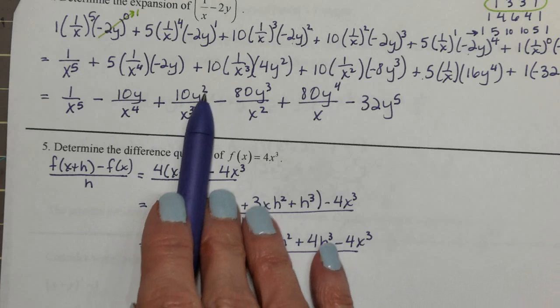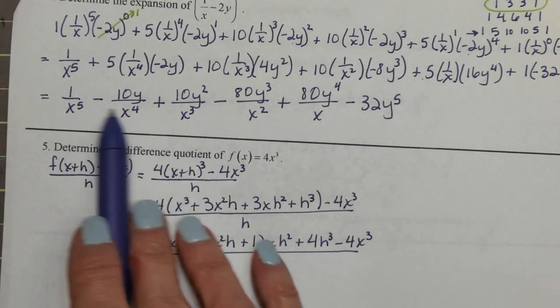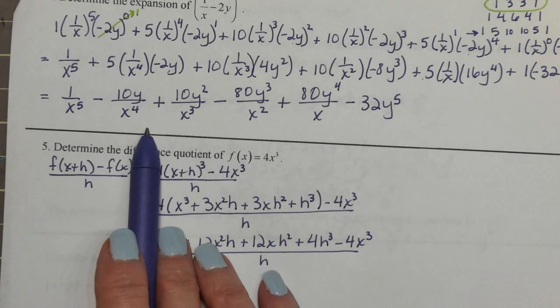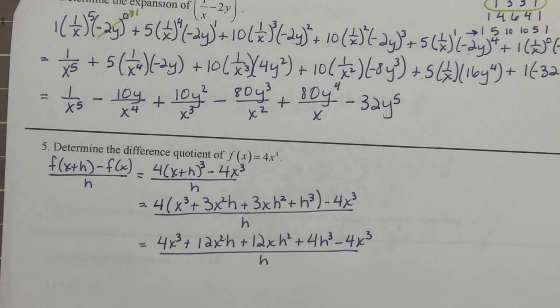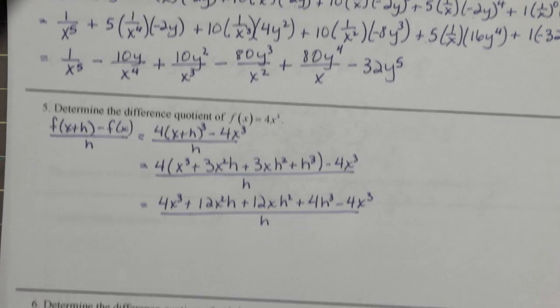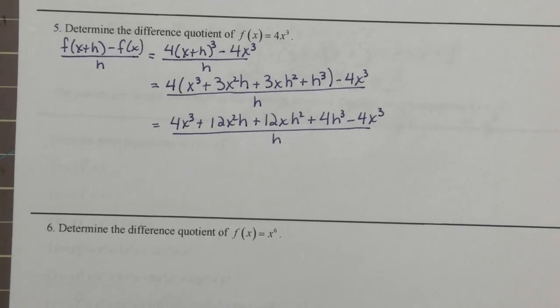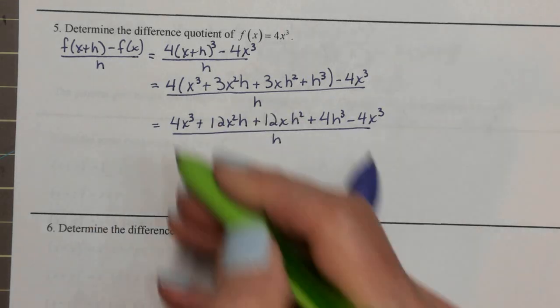Make sure you see the pattern with your x's and h's. Whatever comes first, you should see that decreasing in power. You should see your last term increasing in power. That's one thing that you can do to decrease your little errors, not really a typo, more of a right-o. Okay, back to this.